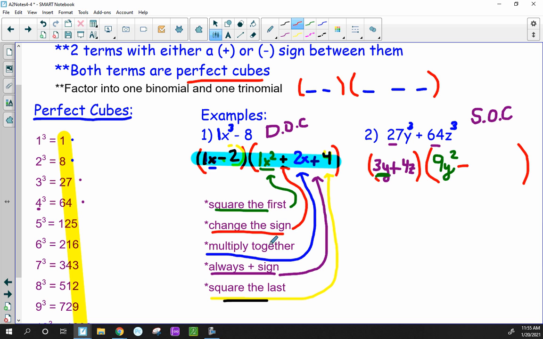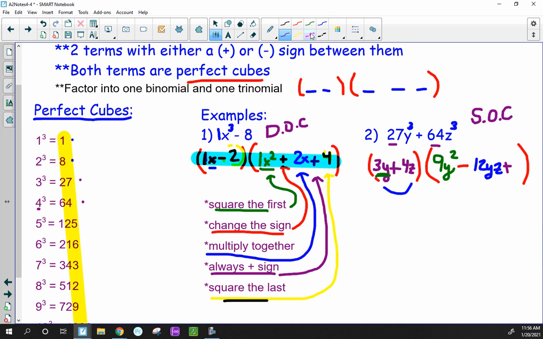Step 3, multiply together. Multiply what together? The 3y and the 4z. 3 times 4 is 12. Y times z is yz. Again, always put your letters in alphabetical order. Square the first, change the sign, multiply together. Always a plus sign. So we'll put a little plus sign here at the end.